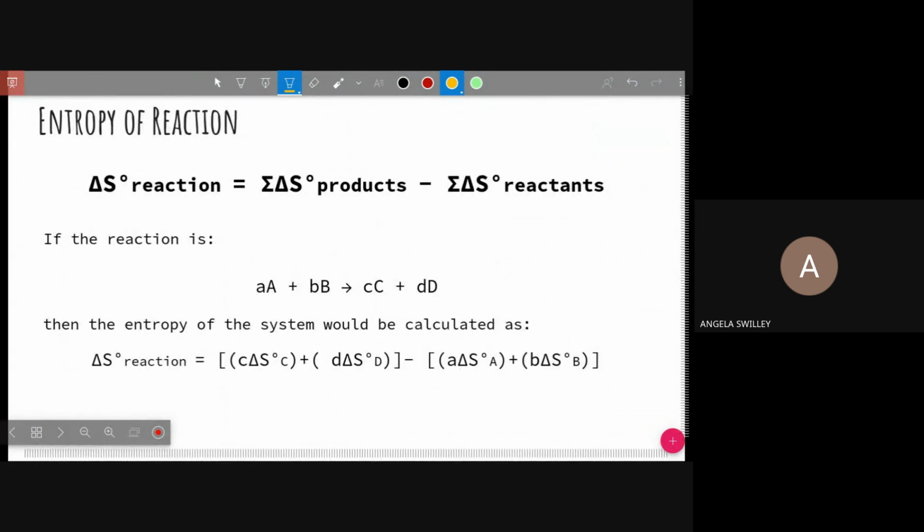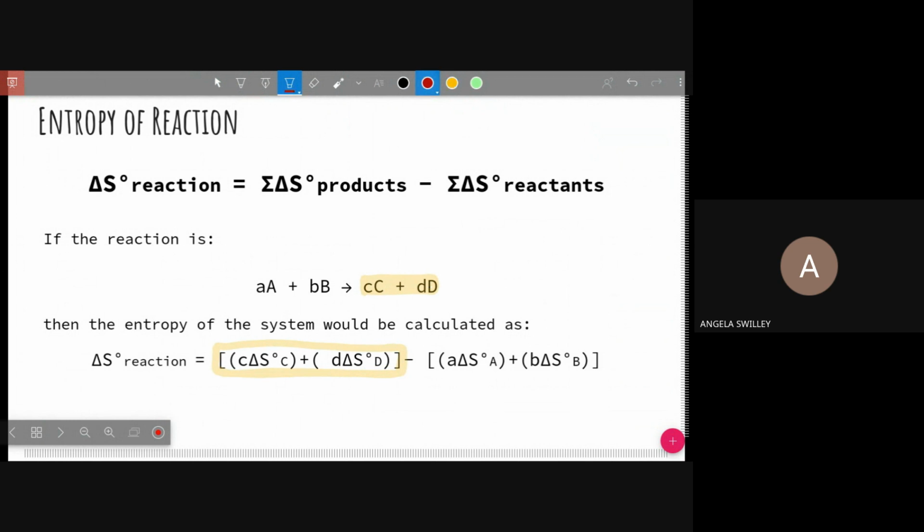Now, this is our formula for how we calculate the change in entropy for a reaction. I'm going to line them up. First of all, let's look at the products. Not reactants, products. I'm so sorry. Here are the products because we're going to do the sum of the entropy of the products minus the sum of the change in entropy of the reactants.